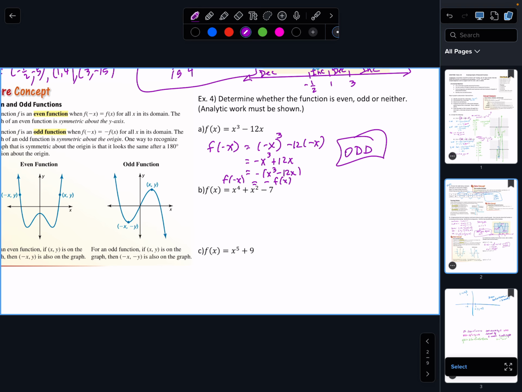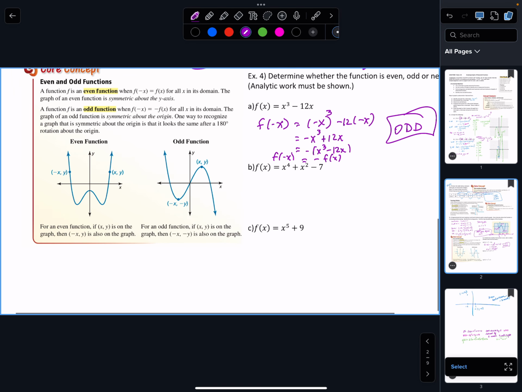The nice thing about even and odd is you do the same thing. It's just the result that tells you if it's even, odd, or neither. And so in part B, we're going to replace x with a negative x. You need parentheses around the negative x with the power on the outside. If you don't have that, this is going to be wrong mathematically, most likely. And when you raise the negative to an even power, it's going to come out positive.